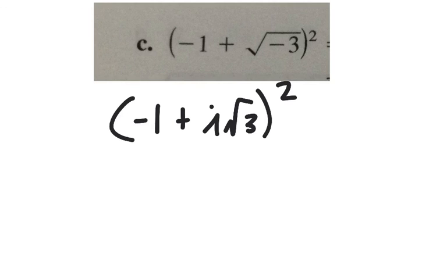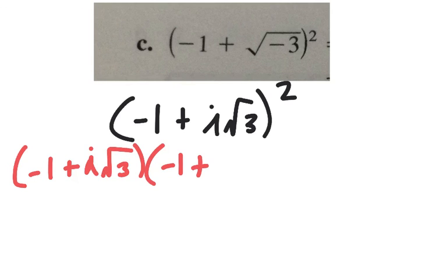Pulling the negative out front, making it an i. Now when the entire parentheses is squared, that means I'm multiplying it by itself. So I have -1 plus i radical 3 times -1 plus i radical 3. That's what squaring means. And then we're going to distribute.